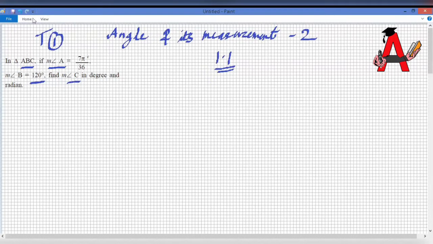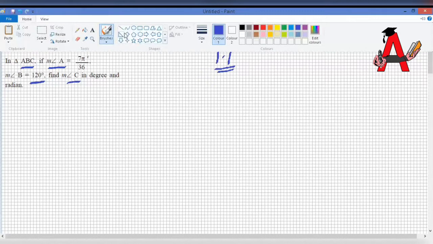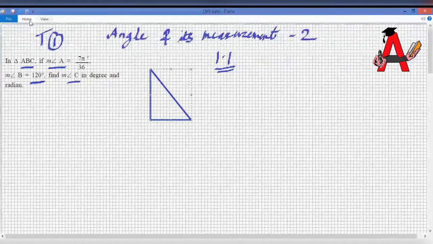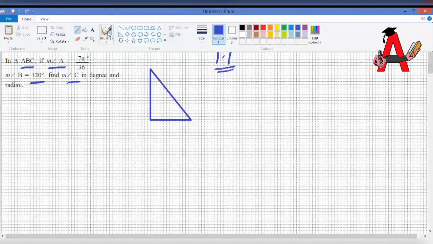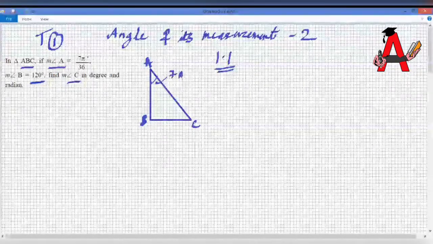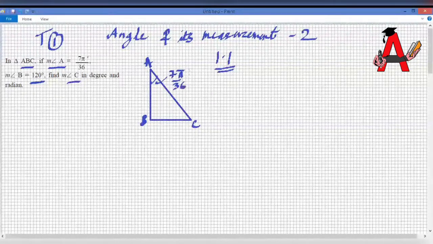Now, all of you know for a fact that the sum of the three angles of a triangle is 180 degrees. This we all know. Suppose I have to name this particular triangle, I can name it triangle ABC, with angle A, angle B, and angle C. Measure of angle A is given as 7 pi upon 36 radians, whereas measure of angle B is 120 degrees.